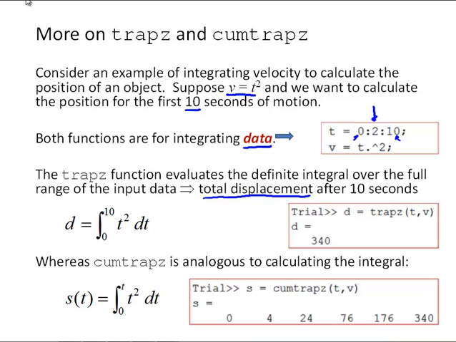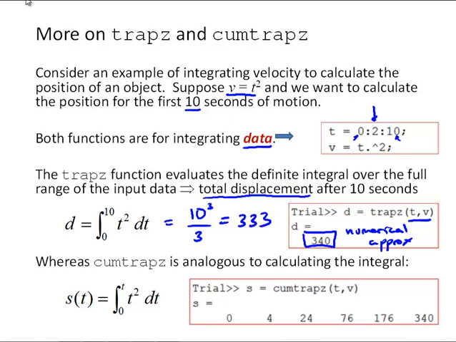So that trapz of t and v, again giving it that x vector, we would find the total displacement comes to 340, which is equal to 10 cubed over 3, roughly. Remember, this is a numerical approximation. 10 cubed over 3, which would be the exact result, is actually 333.